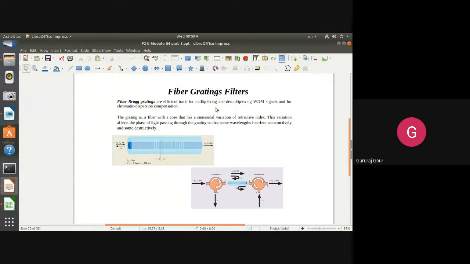The important point we discussed is how to implement an add and drop multiplexer using 2 3-port optical circulators and fiber grating filters. So I hope you understood this one.